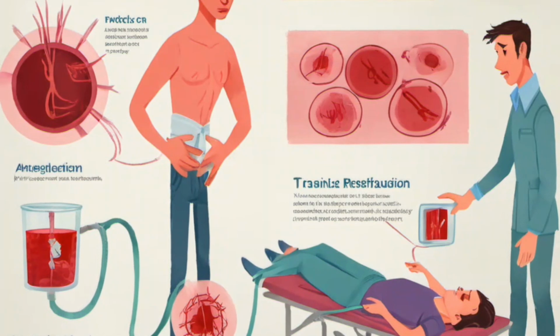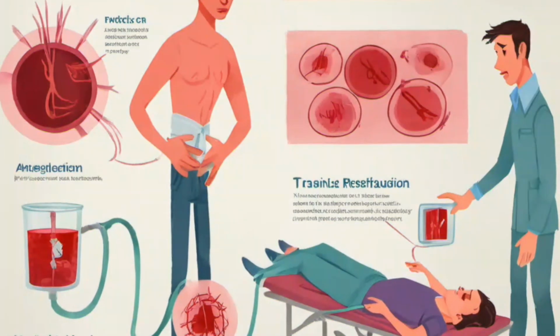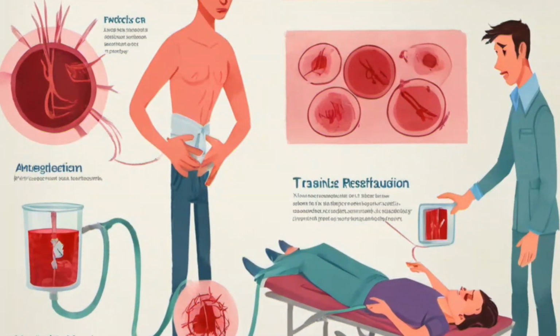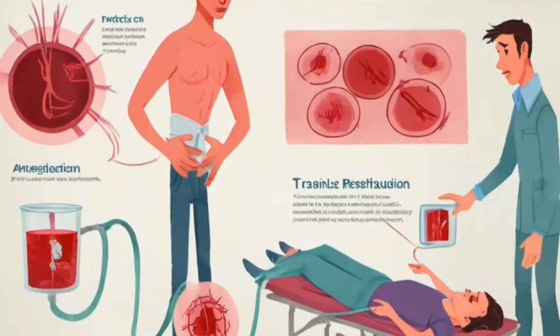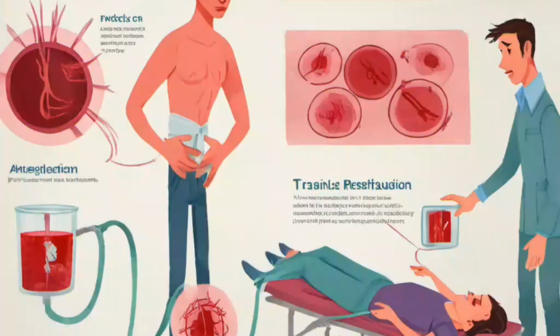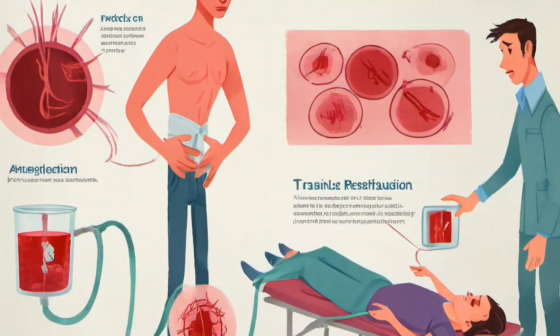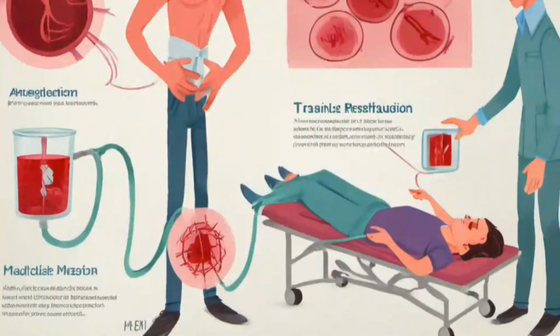Indications for blood transfusion. Blood transfusion is indicated in various medical situations, including hemorrhage, blood loss due to trauma, surgery, or medical conditions like gastrointestinal bleeding may require transfusion to restore blood volume and oxygen carrying capacity. Anemia.